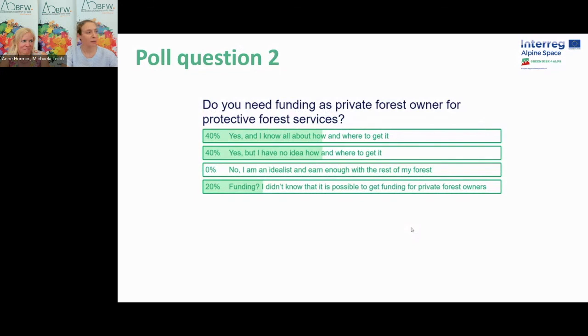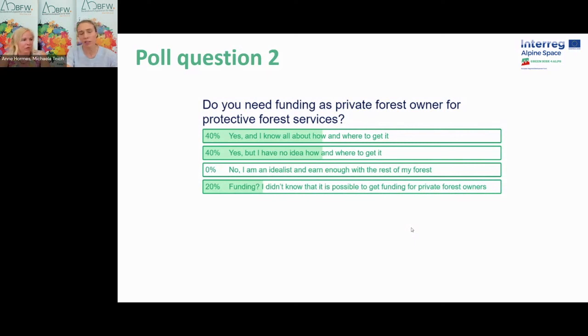Then we asked if you need funding as a private forest owner for protective forest services. I think we just had a couple of forest owners on here, but it looks like everyone knows that yes, they need funding, but only half know where to get that funding. So maybe information about that needs to be a little more transparent and easy to find.